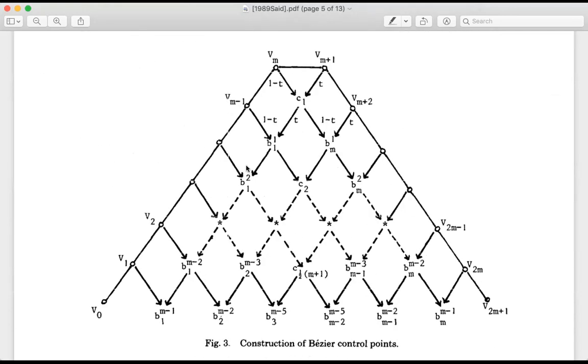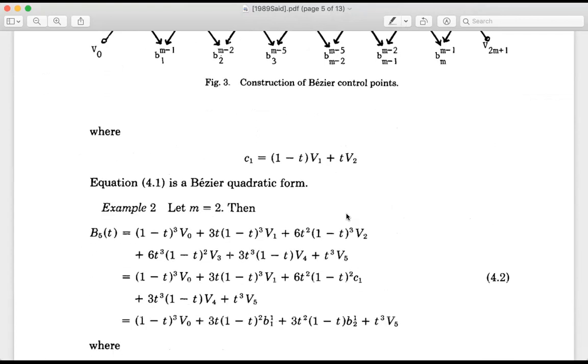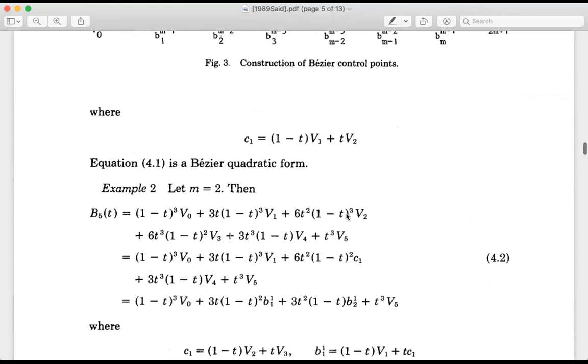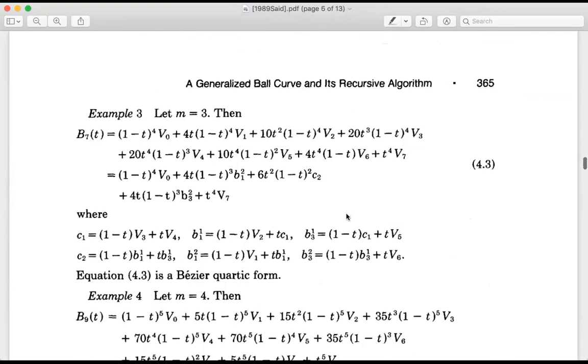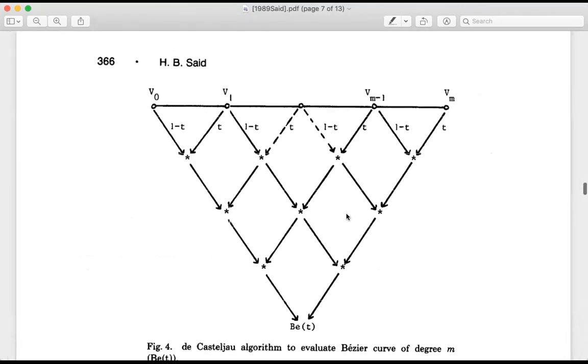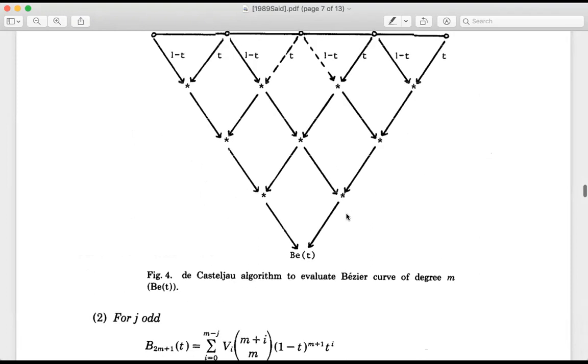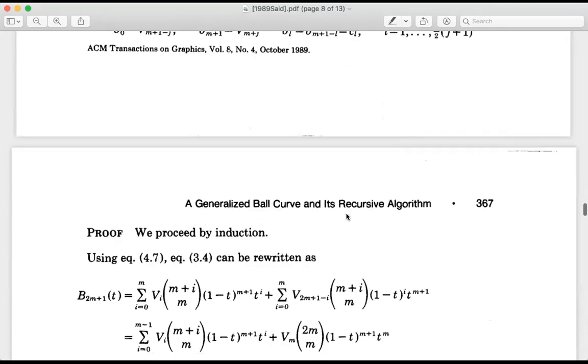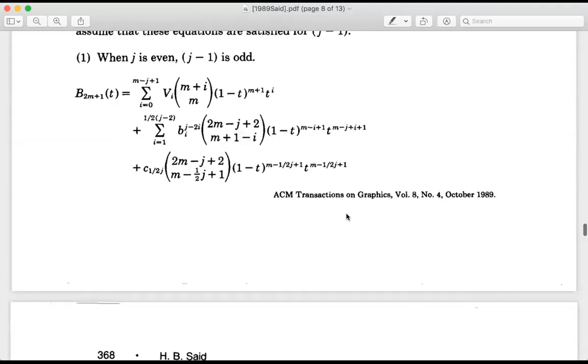This is a way of constructing the Bezier curve, right? You can use 1 minus t, 1 minus t, you can do the linear interpolation. This is for the Bezier curve. And for the Wang-Ball curve it will be different. Okay, these are the proofs.